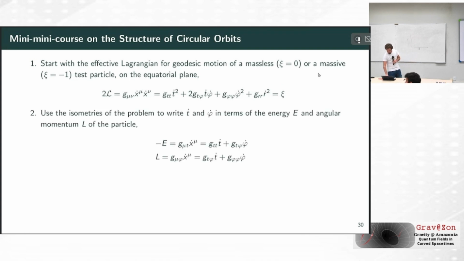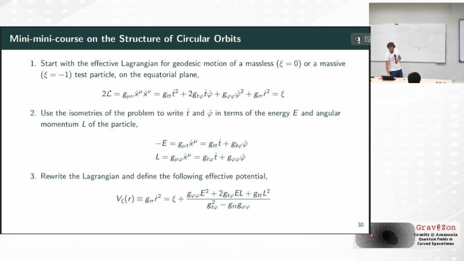So you start with the Lagrangian. You can use the symmetries of the solution, mainly stationarity and axisymmetry, to compute the energy and the angular momentum of the test particle. And it's related to the Killing vector fields.